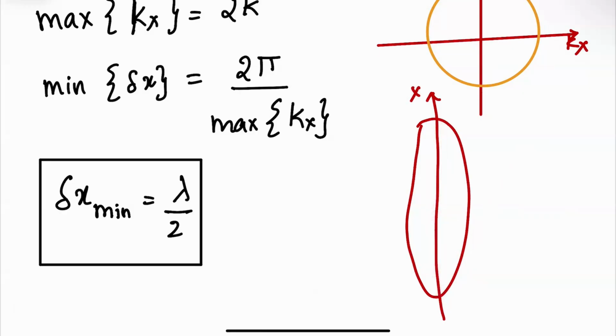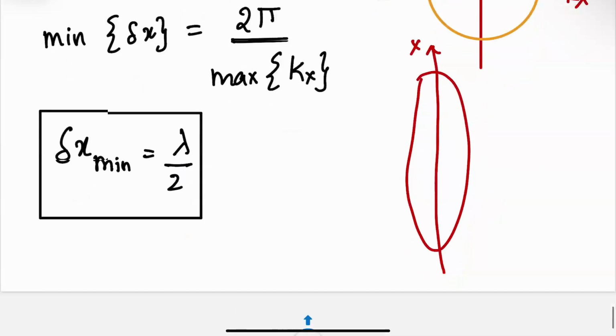Then you can have this wave and this wave, but still the spot that you can produce cannot be less than lambda over 2 because of this relationship. So even an infinitely large lens cannot produce a spot size that is less than lambda over 2. Okay, and that's called the diffraction limit.